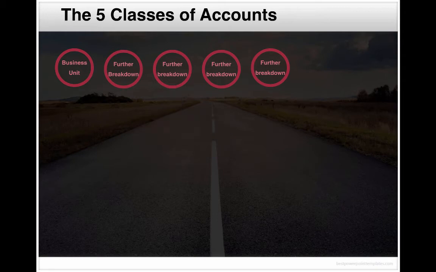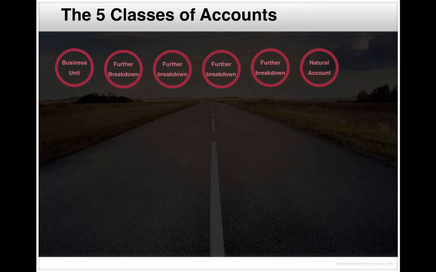So this could go on for several different layers of granularity before we get to the natural account. And the natural account would be, of course, what we were talking about: the assets, the liability accounts, the revenue accounts, expense, and the equity accounts.